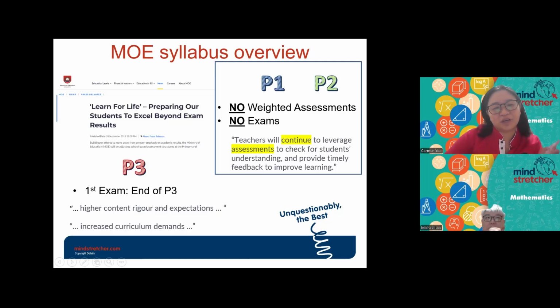So there are different views on no examinations. Some parents think it's very good, but the example I shared with you didn't turn out too well for the child who is in primary four now. So, no exams in primary one, primary two. The first exam is at the end of primary three.